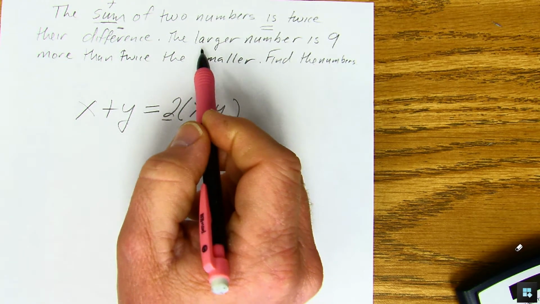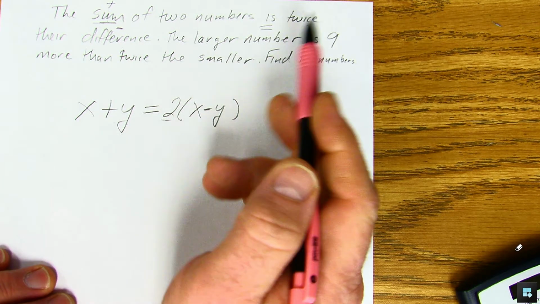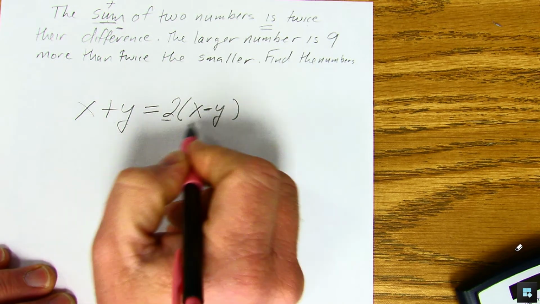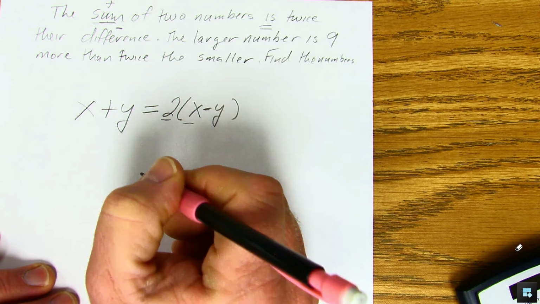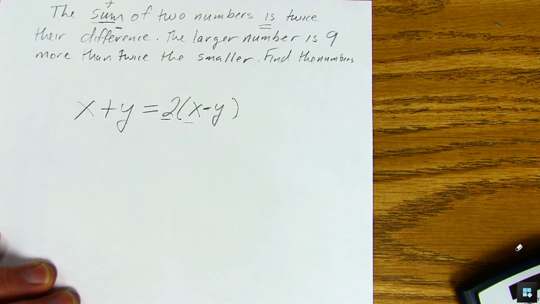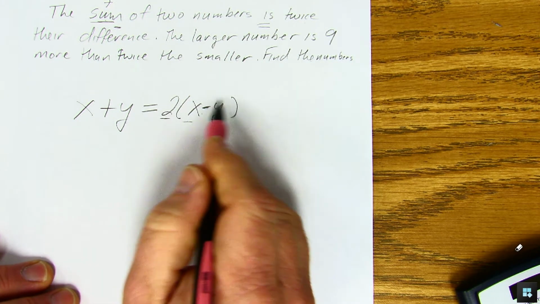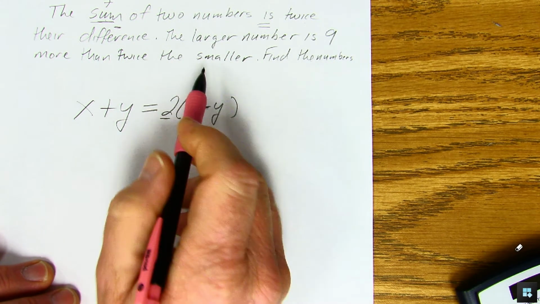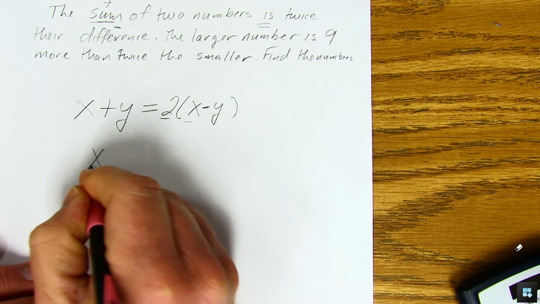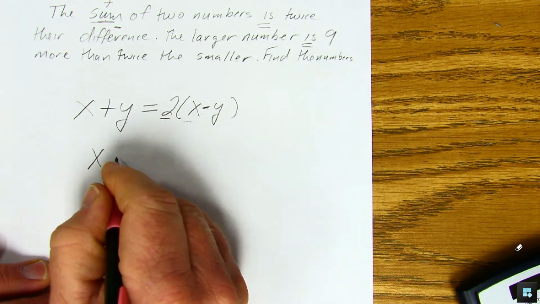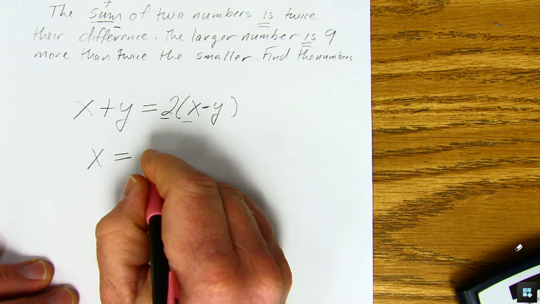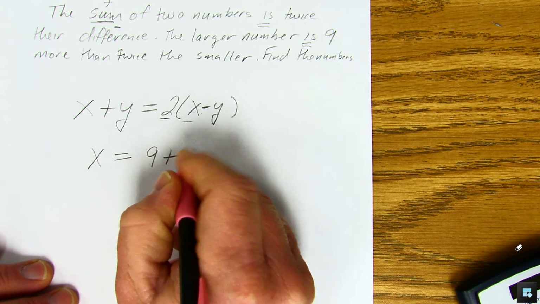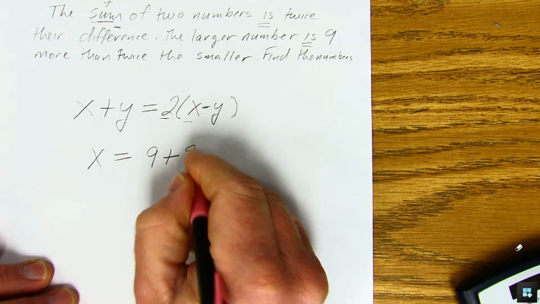It says here that the larger number, so since we don't want x minus y to be a negative, we're going to let x be the larger number, because we want x minus y to be positive. Okay, does that make sense? So it says the larger number, which is x, there's that word again, is, equals 9 more than twice the smaller number, so that would be 2y.